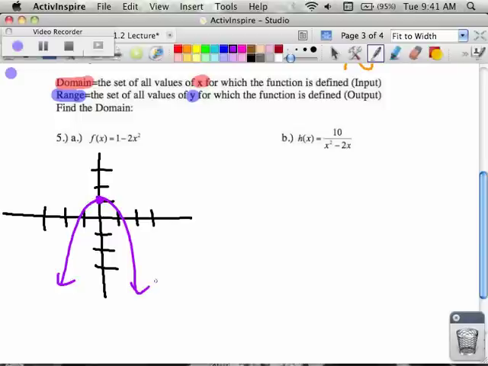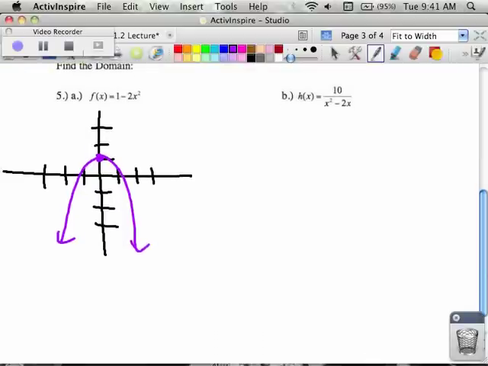Okay, so let's talk about domain and range. Are there any x values in 5a that if I shove a number in, it causes a problem? Like, for example, am I dividing by 0 anywhere? No. Am I square rooting a negative number?